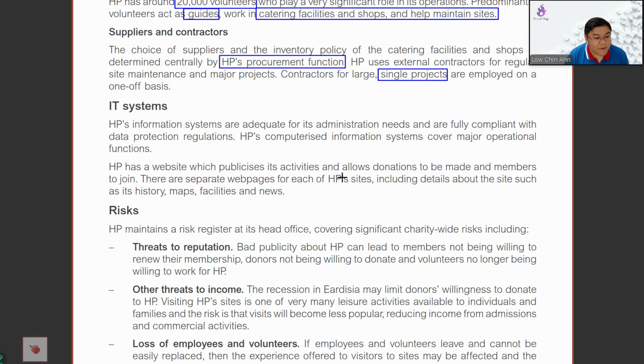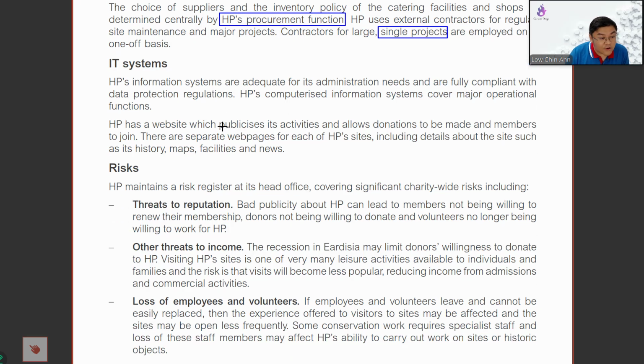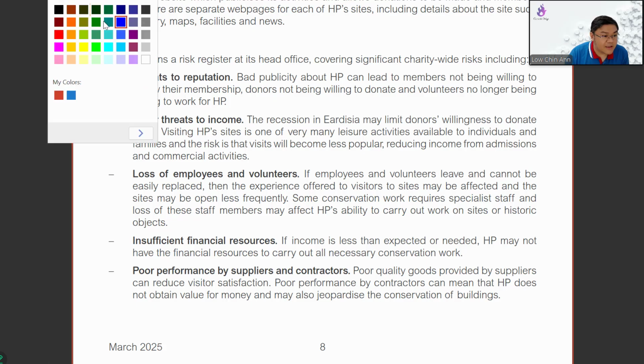There are separate web pages for each of their sites, which include the details, their history, their maps, their facilities, their news. It's a very basic website generally. So this tells us that they do have a very functional system, but nothing fancy, nothing great. A lot of room for change and improvement.